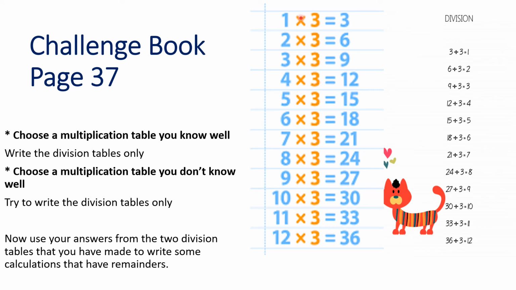Pardon me, yeah, 9 divided by 1 equals 9. Now the next one will be 18 divided by 9 equals 2. The next one will be 27 divided by 9 equals 3, okay? On and on like that. Try to do it, okay? The one you don't know so well, try to do it.